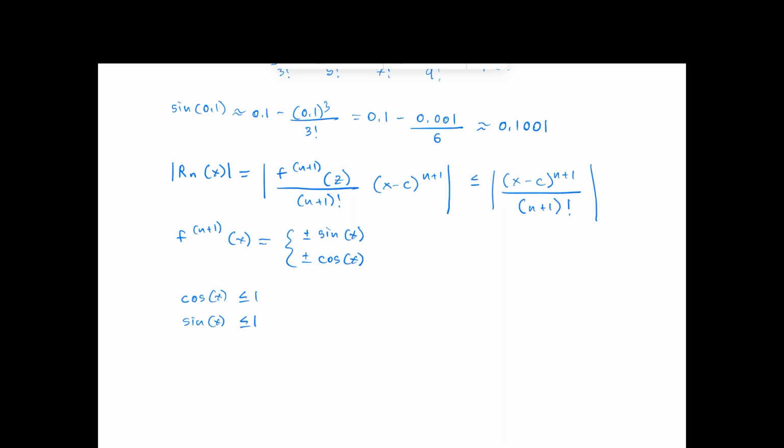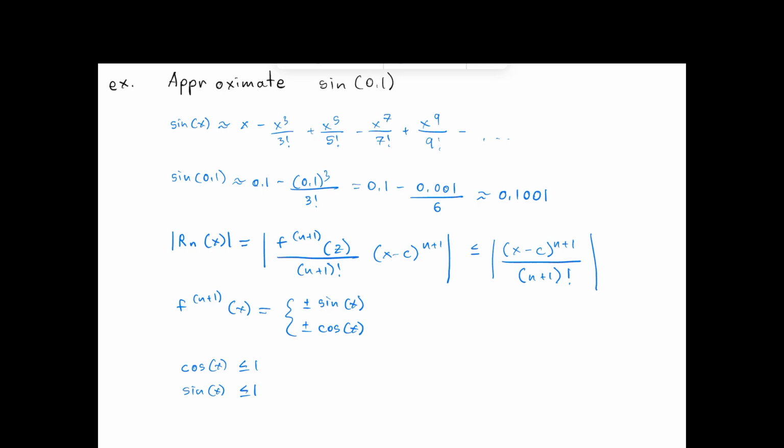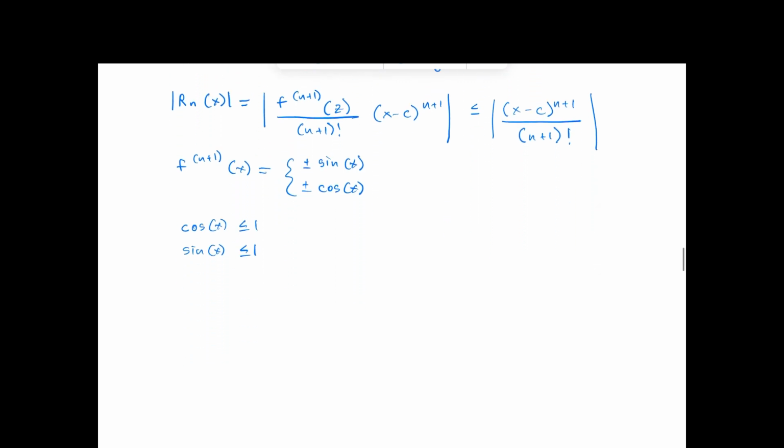Well, let's plug in some values. If our approximation is centered at x equals 0, and we're considering x equals 0.1, that means the range of values that we're considering is x between 0 and 0.1. And so that means that our error term is going to be less than or equal to the absolute value of 0.1 to the next term in our sequence.